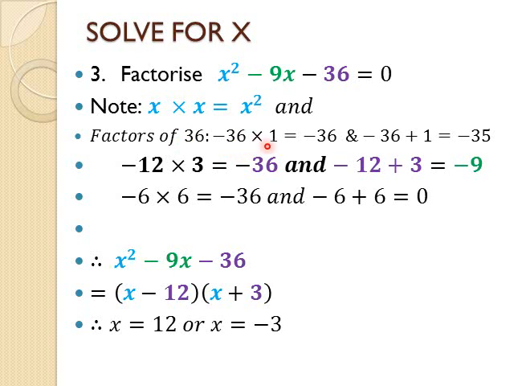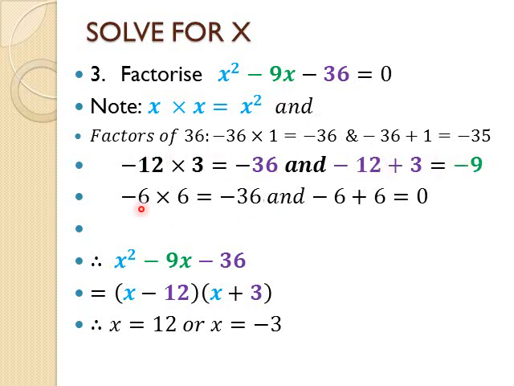If I say minus 36 times positive 1 gives me negative 36, and negative 36 plus 1 equal negative 35. So that's not the middle term. If I say minus 12 times 3 gives me negative 36, and at the same time minus 12 plus 3 gives me negative 9. So that second one gives me the middle term.